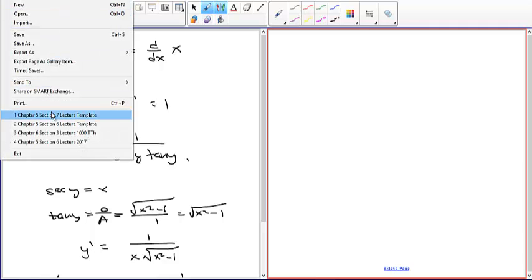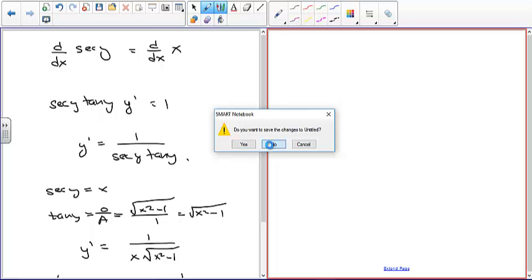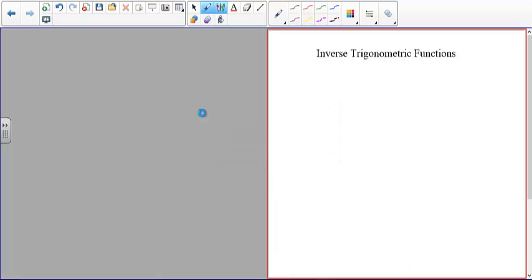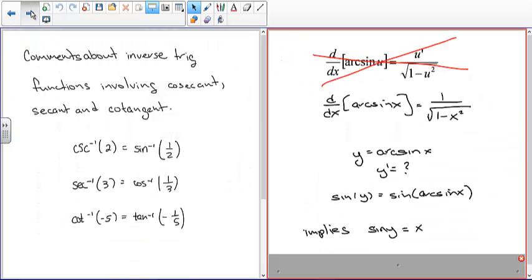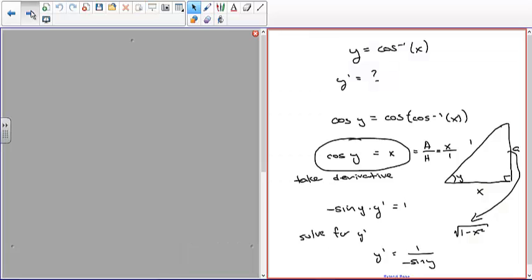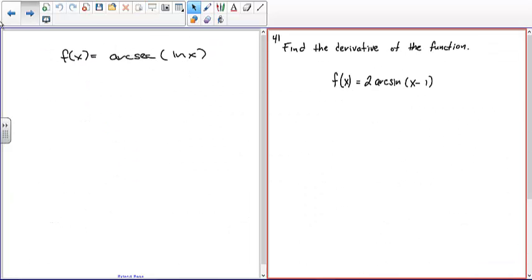So let's go to chapter 5. Oh yeah, this is the right one. So this is basically what I talked about last time. Oh, here we go.